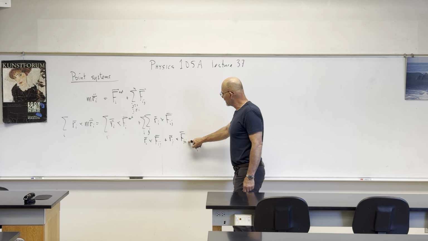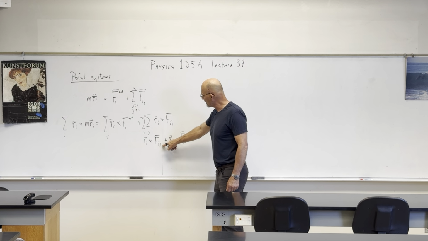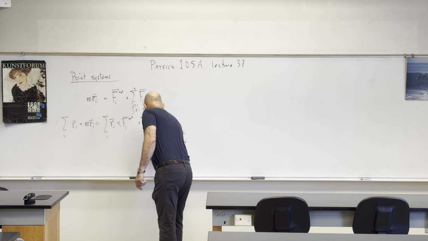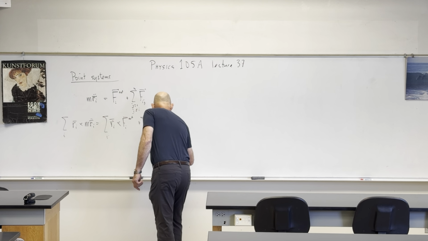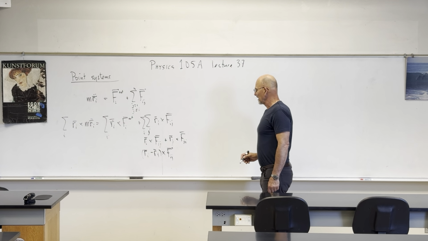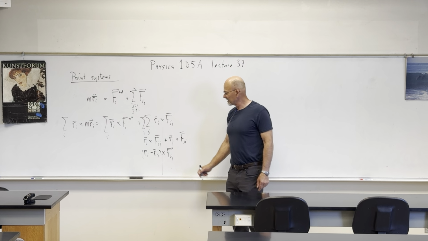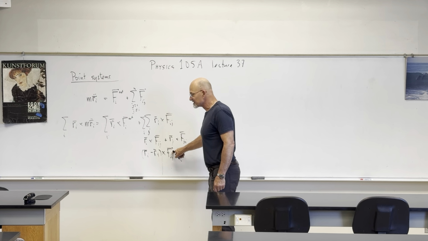Now we'll use Newton's third law. This is the negative of that, just the interaction between these two particles. So we end up with r sub i minus r sub j crossed into F sub ij.